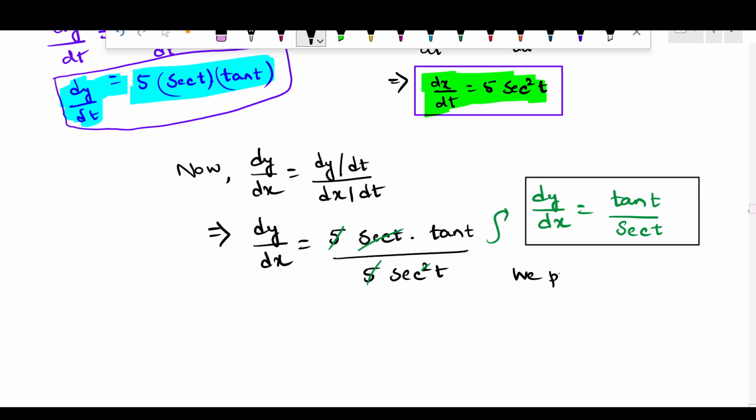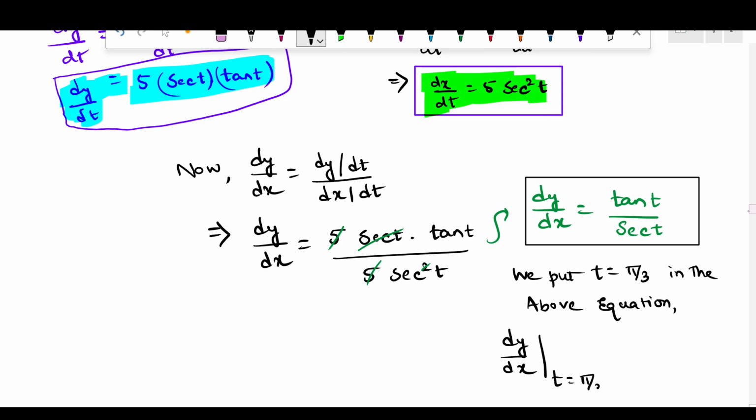We put t equals pi by 3 in the above equation. So we have dy by dx at the point t equals pi by 3 equals tan pi by 3 upon secant pi by 3. Right.